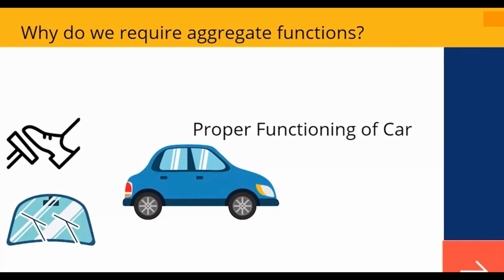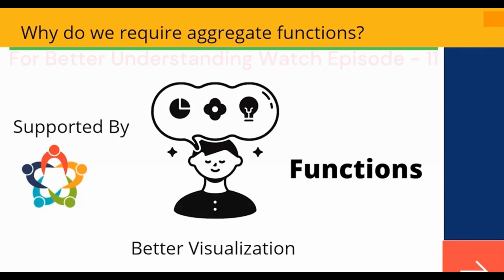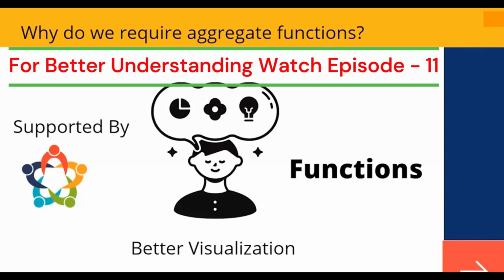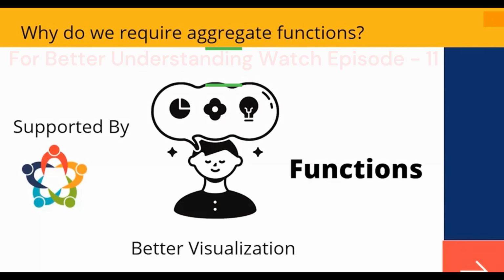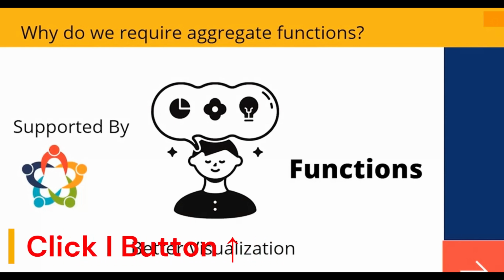Similarly, in Tableau we have different function categories. In each of these categories, you can relate your brake to a function in Tableau, and a clutch to an equivalent function in Tableau. Because each of these things, like clutch or brake, is trying to achieve some functionality, right?